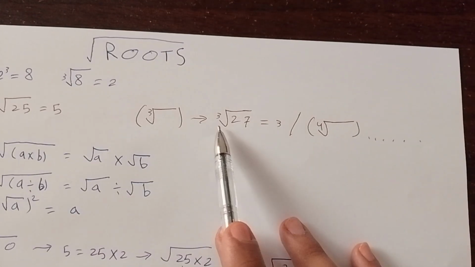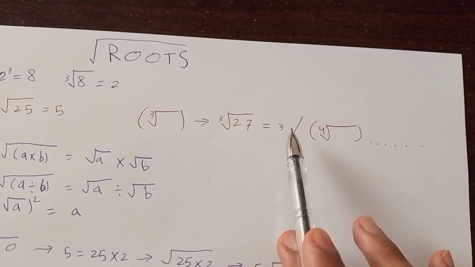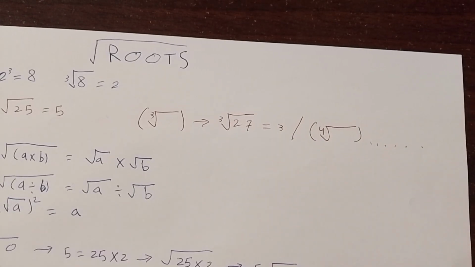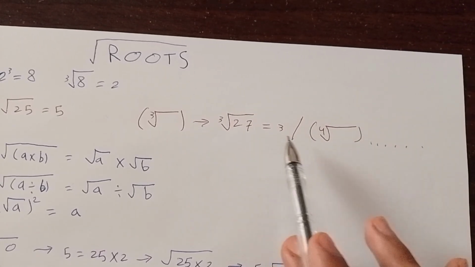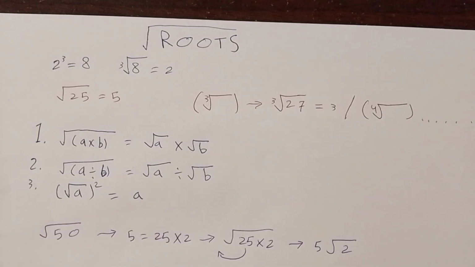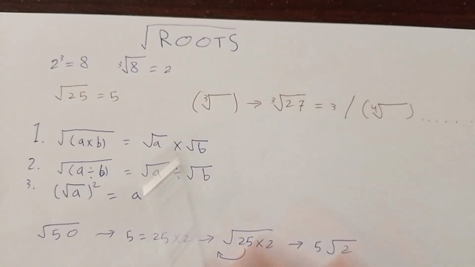For example, the cube root of 27 is 3, because 3 to the power of 3, or 3 cubed, is 27. So we have many rules in exponents and powers, and we also have them in roots.